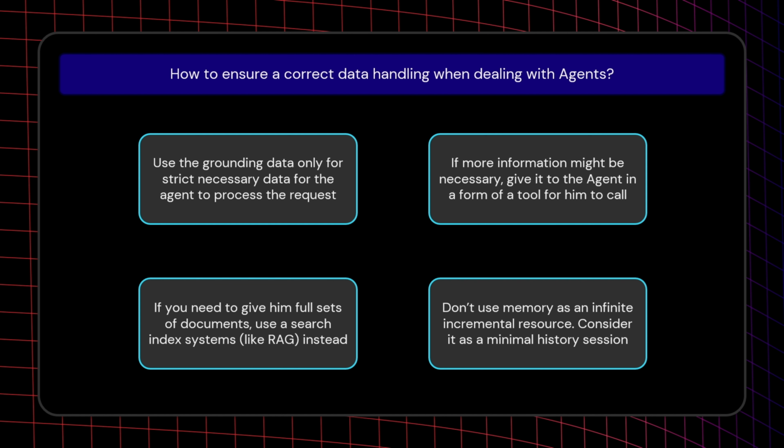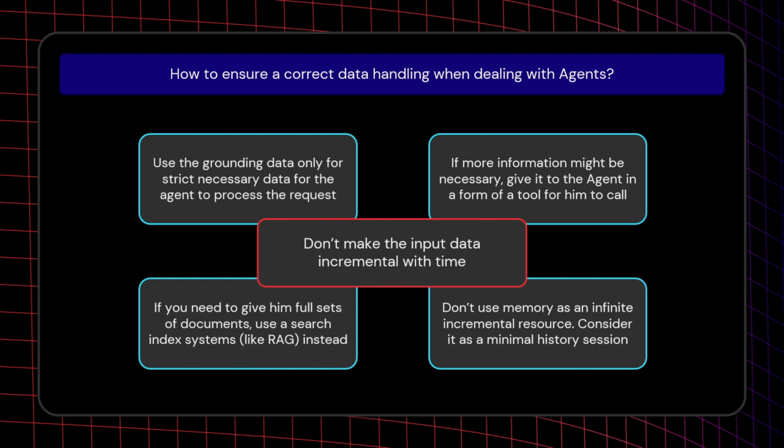And finally, one of the most important things, if you want your agent to be production ready, make sure you don't make the input data incremental with time. If you do aggregates and you give data based on aggregates to the agent, make sure that those aggregates do not grow with time. Give him a max amount of records. Or for example, in the memory, make sure that you don't give an infinite amount of memory, that you only bring the last amount.